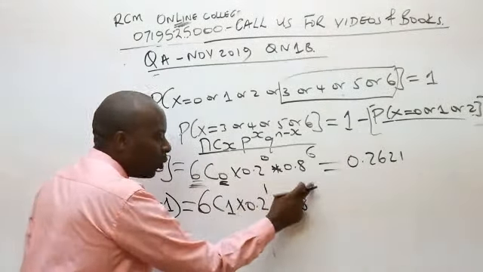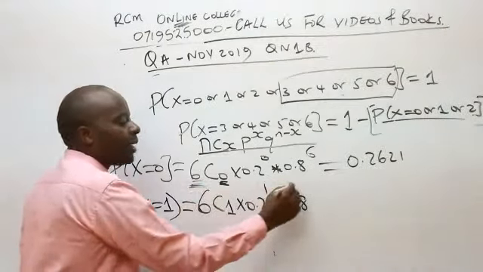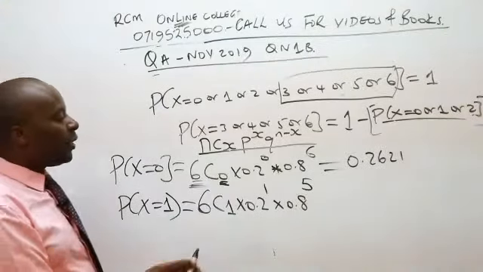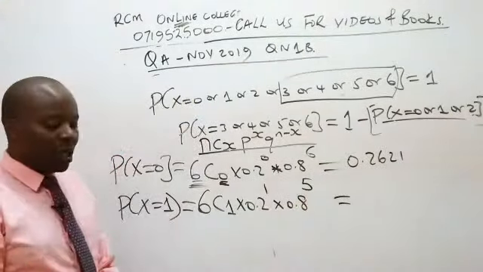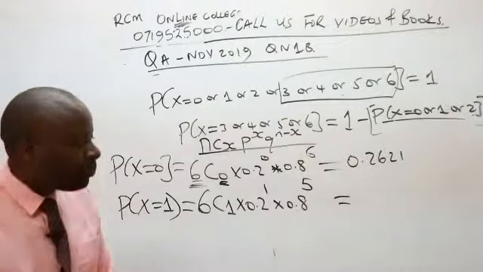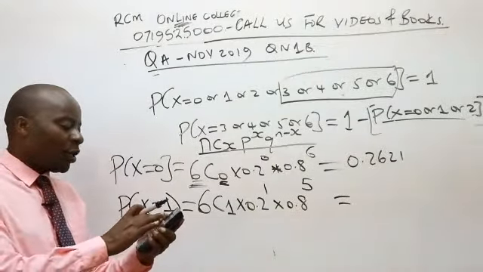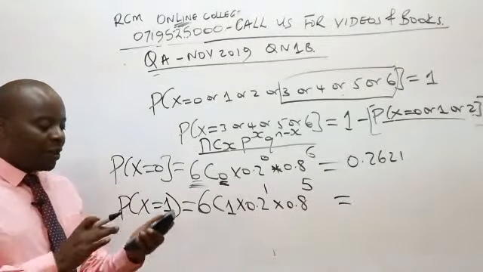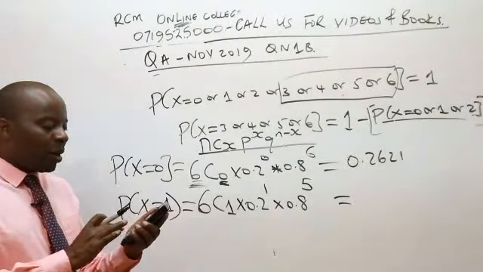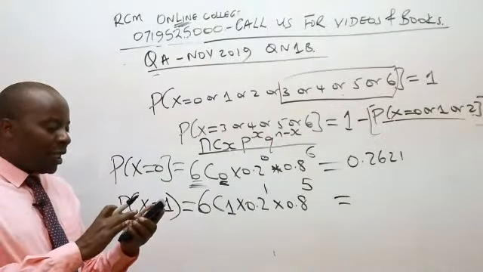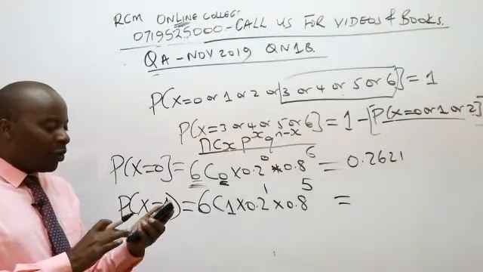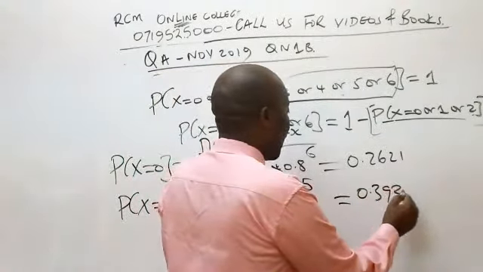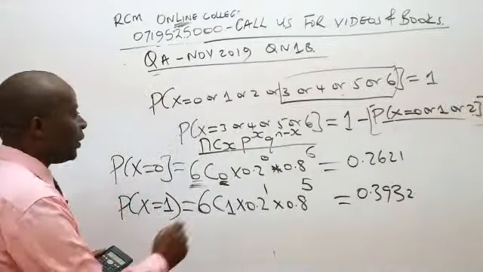I know that the two powers must always add up to n. It means that the power of Q will be 5. So, ladies and gentlemen, armed with your calculator, press 6 combinations 1, times 0.2 raised to power 1 times 0.8 raised to power 5, which at the end of the day will give us 0.3932.